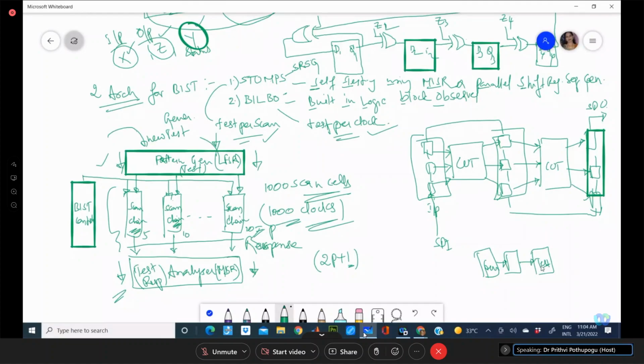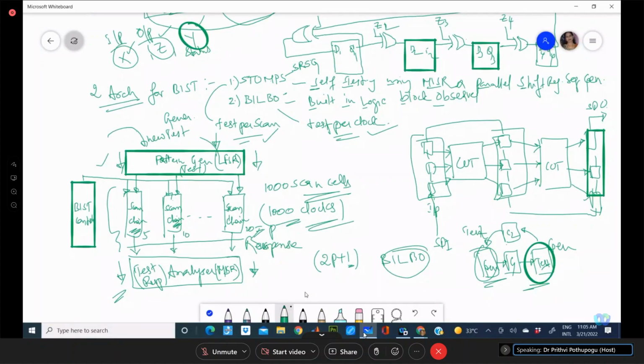When I use another circuitry for testing, say this is C1 and this is C2, I can use this setup for generation and this setup for testing. That means I can have the flexibility of interchanging the functionality of that setup of the registers. That is nothing but the built-in logic block observer format, which is a test per clock format.